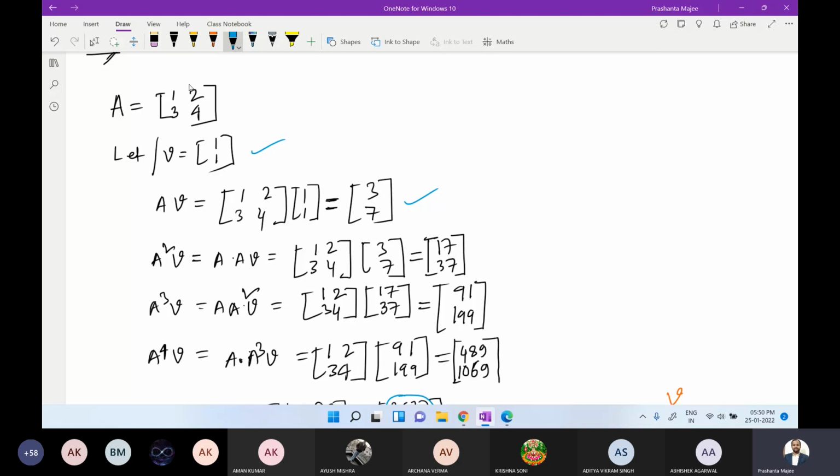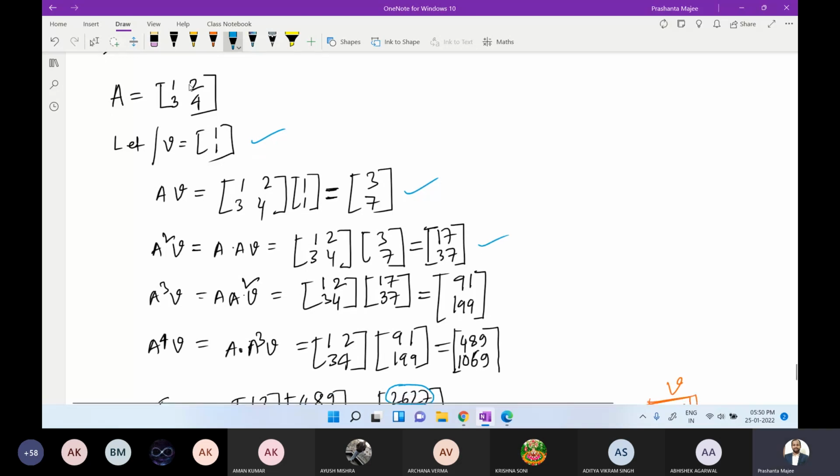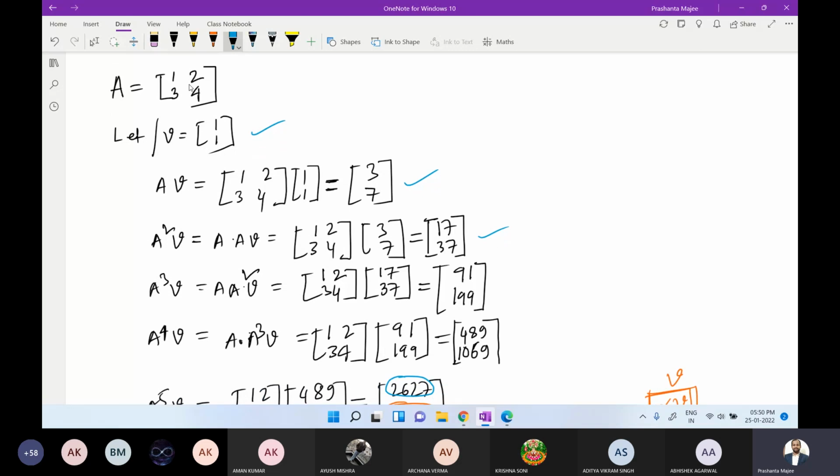That will give you 17, 37. A cube V: again you pre-multiply that resulting vector 17, 37 by the matrix A. So A cube V will be 1, 2, 3, 4 into the vector 17, 37. That will give you 91, 199.